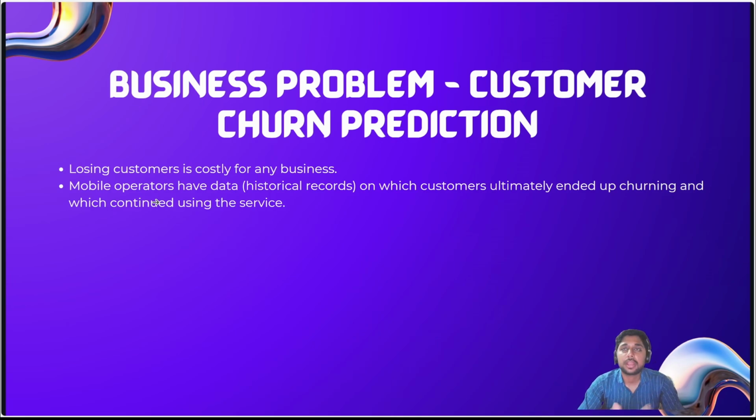We are going to make a model that can predict whether this customer can leave our services or not. That is what we are expecting from our model. The advantage to the business is that if we know early that this customer is going to leave us, then we can give them an incentive.